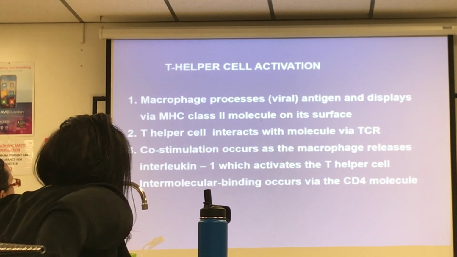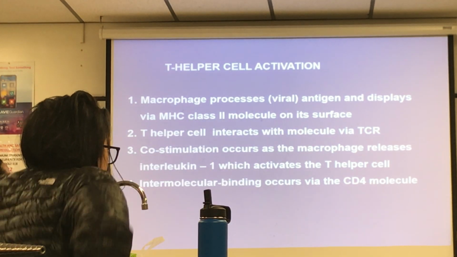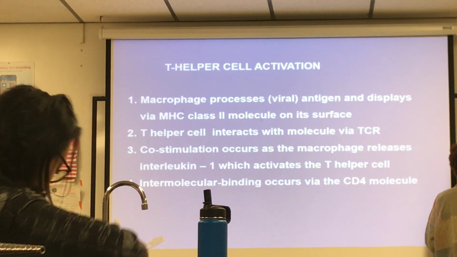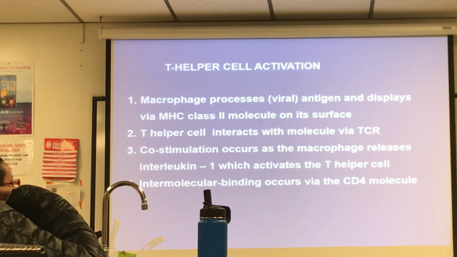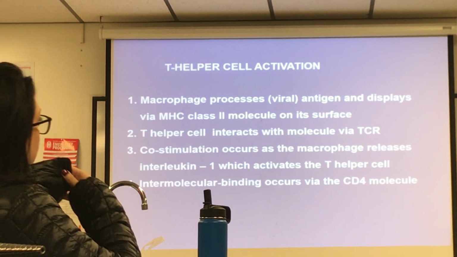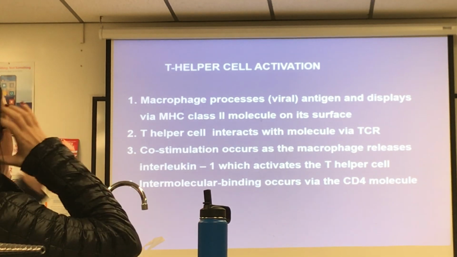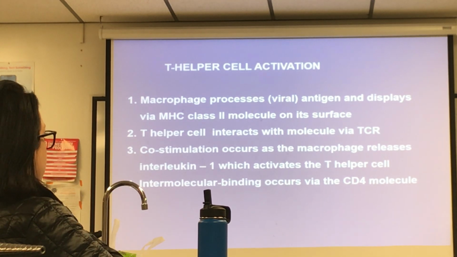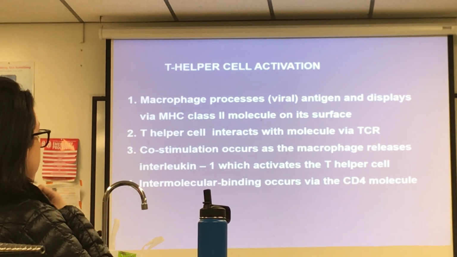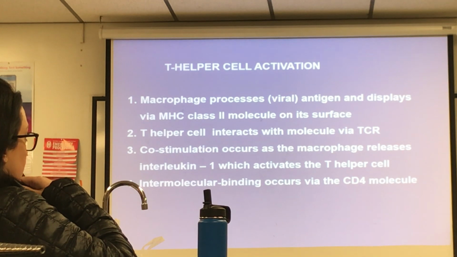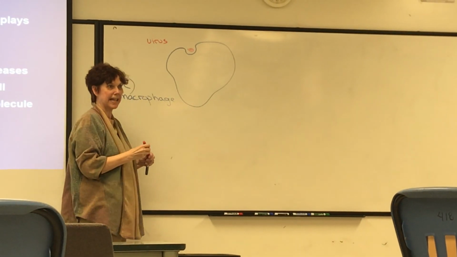So here's our macrophage, which is representing our APC. An APC is antigen presenting cell. Okay? So we'll draw it smaller. So we have the viral protein, or just plain virus, being endocytosed by the cell.